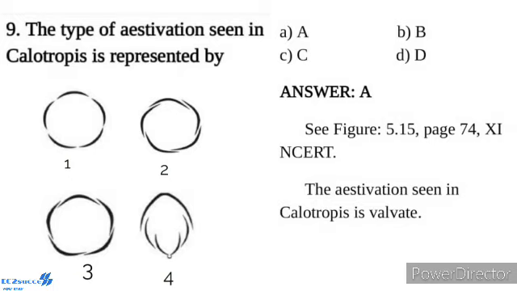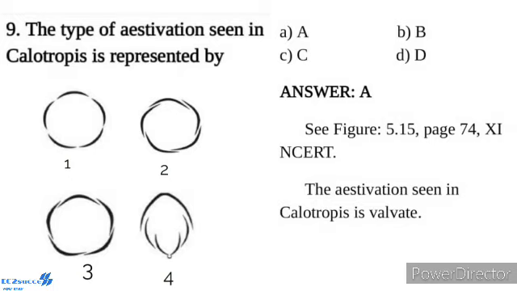Estivation means the arrangement of accessory floral organs, that is sepal or petal, in relation to one another in the floral bud condition. First type, valvate estivation. The margins of the adjacent sepals or petals meet by their edges without overlapping. Example, brassica.